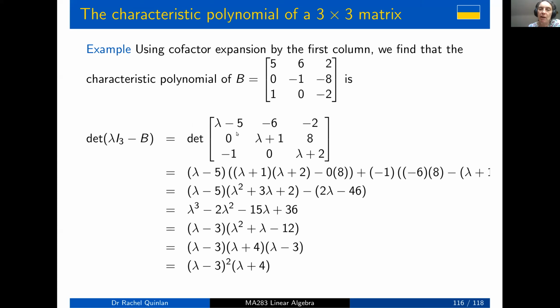So really the cofactor expansion method is the main method available for computing a determinant like this. If we have a fixed matrix whose entries are all specified numbers, then there's a possibility of reducing it to, for example, lower triangular form using elementary row operations and deducing its determinant from that. But for a characteristic polynomial, we can't really do the elementary row operations so easily because we have this variable hanging around.